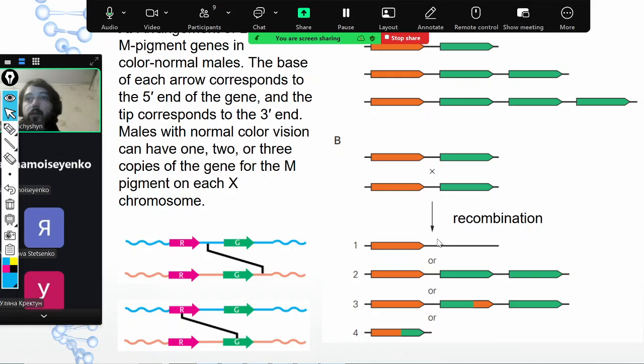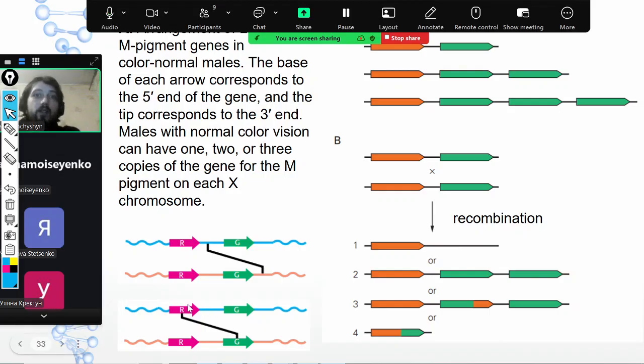It may happen that we are losing the green opsin totally. So there is red opsin and no green opsin, so it's just gone. Or recombination may create one red opsin and two green opsins. That will work. But anyway, that's a problem already.